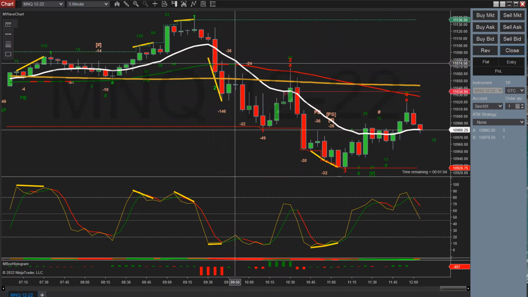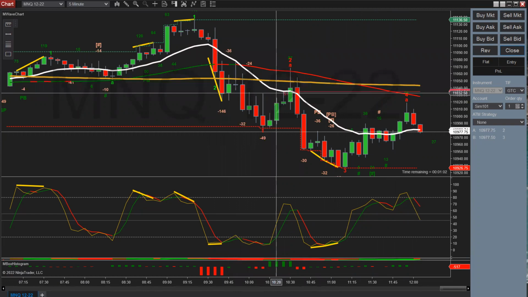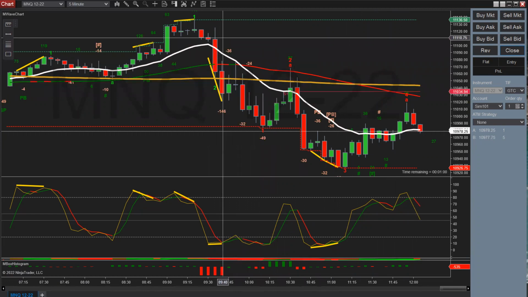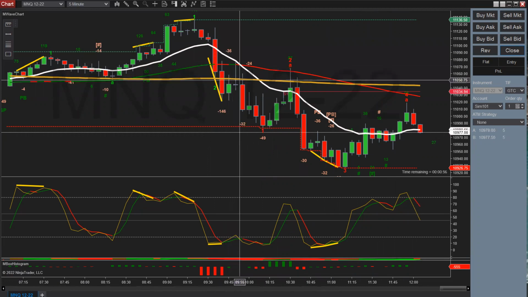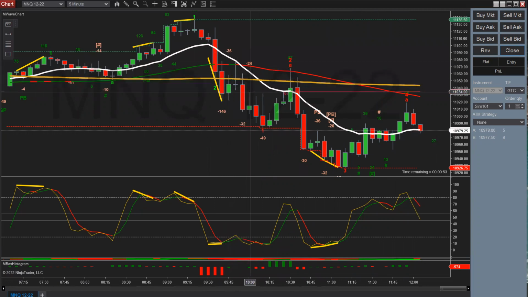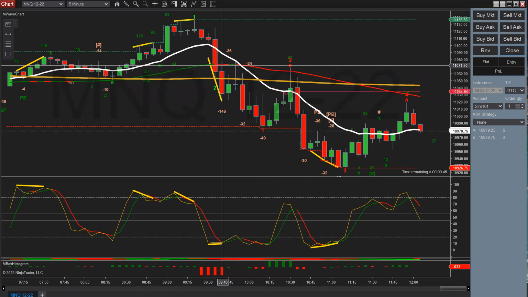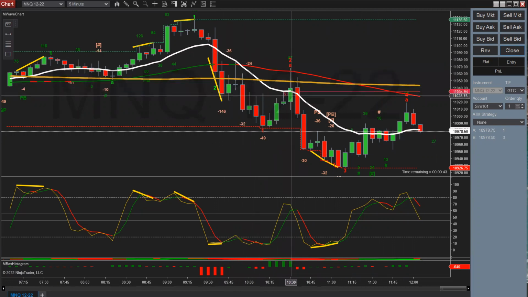Usually, if the market is being held down, meaning that it's not going back above and staying above, then you're in a downtrend. You're in a downtrend, at least a short-term downtrend.